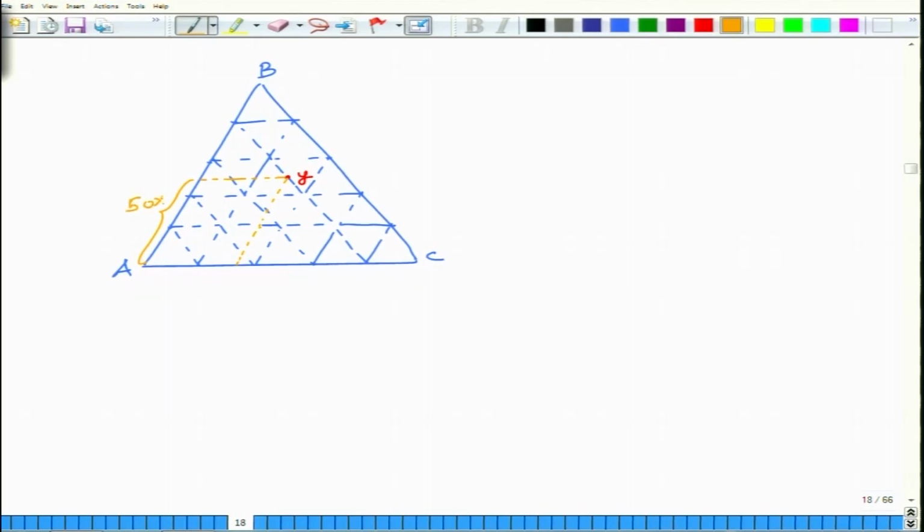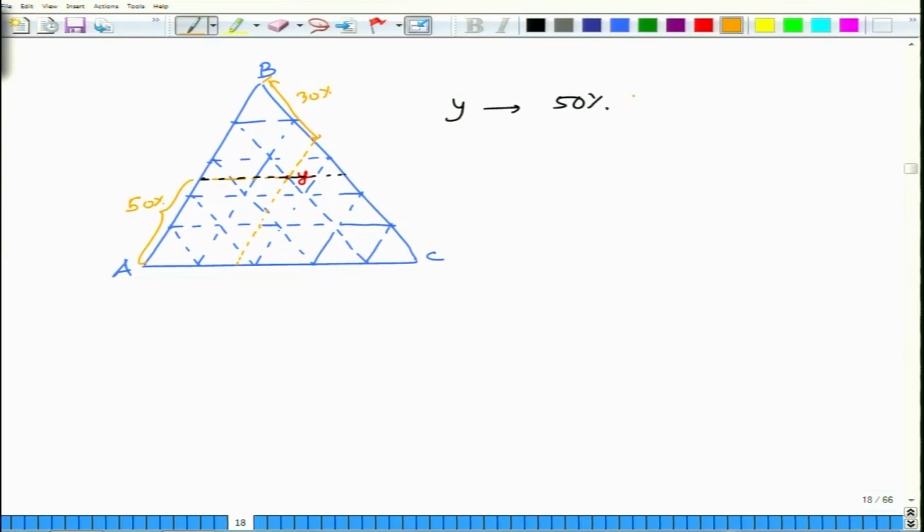So this alloy has 50% B, because I am looking at this line, and then I look at another line which is parallel to the AB axis. This can give me the C. If I start from this point to this point, this is about 30%.